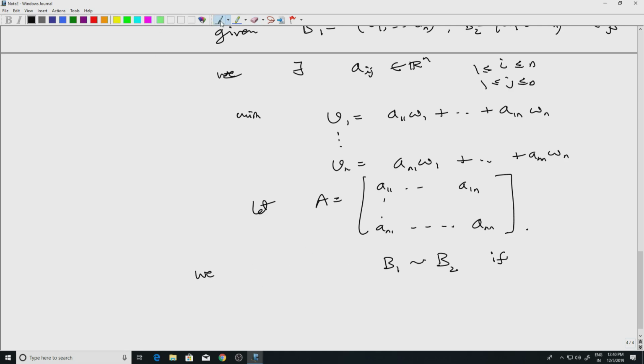We write B1 is equivalent to B2 if the determinant of this matrix is positive.